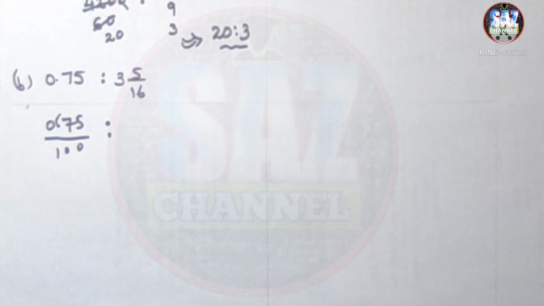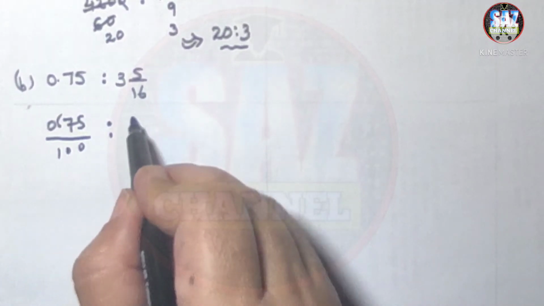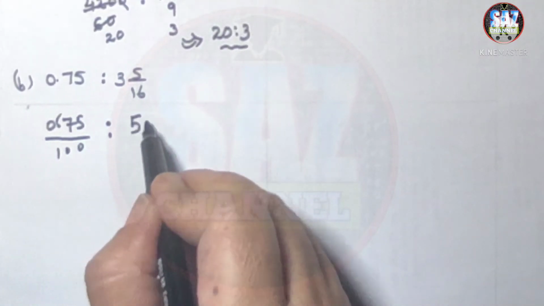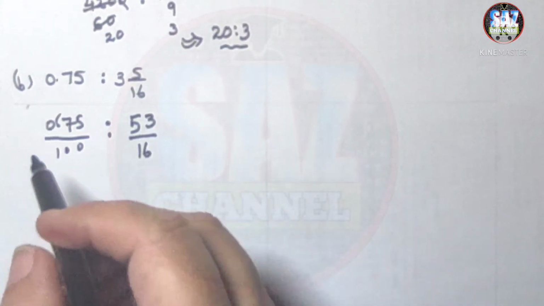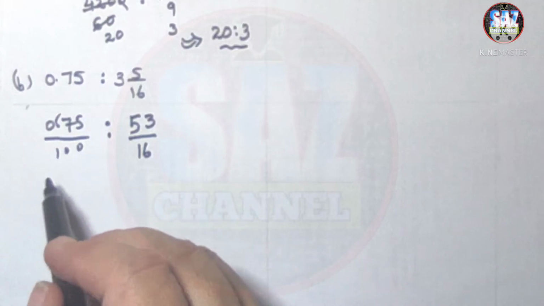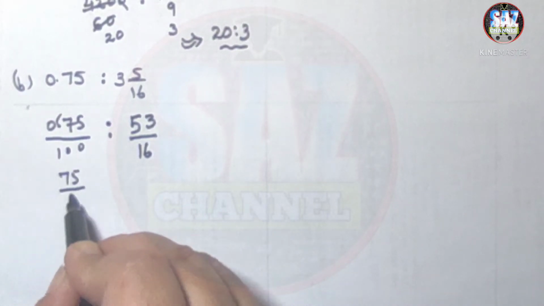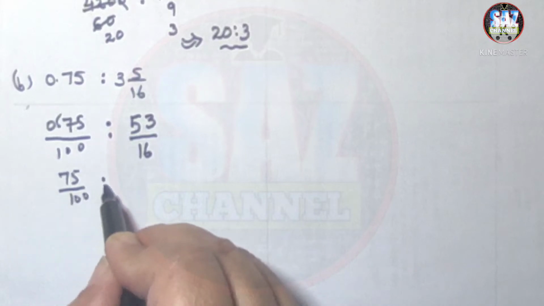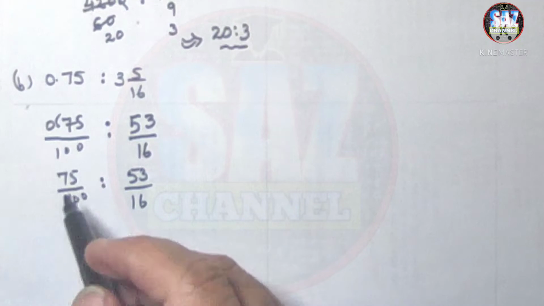Let me perform the calculation here. 48 plus 5, 8 and 5, 13, 53 by 16. Now table reading 5, and I'm left with 75 by 100 ratio 53 by 16.